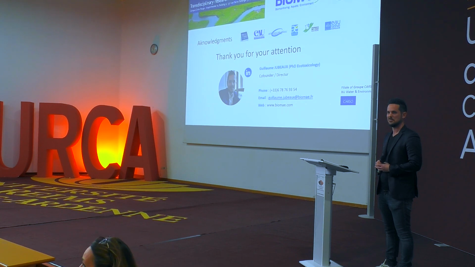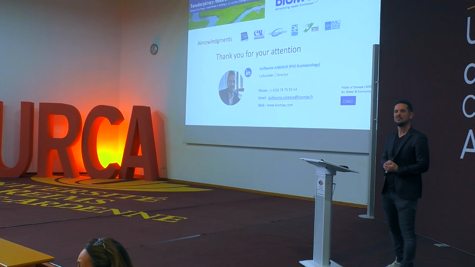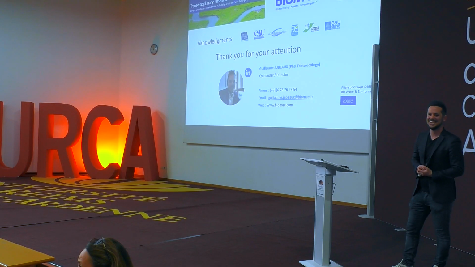Are there questions? Yes, thank you for this presentation. If I understood well, you expose the gammarids for 20 weeks in a river, for example? 21 days, I would say. And then you collect the gammarids and analyze them.